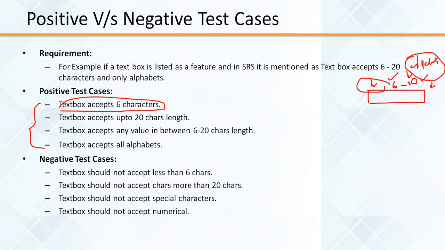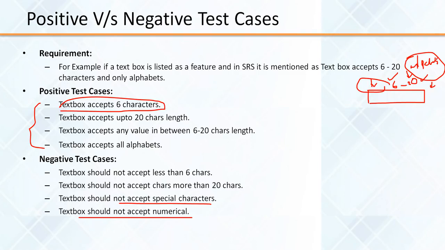The text box should not accept special characters. The text box should not accept numbers because it accepts only alphabets as per the requirement. So this way we can always think about positive test cases and also negative test cases. For every requirement we have positive as well as negative test cases.